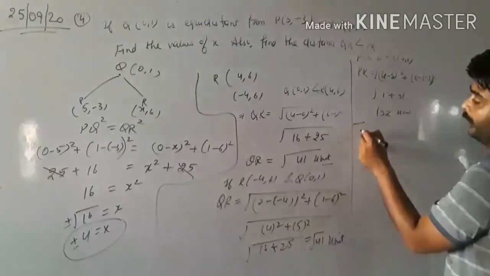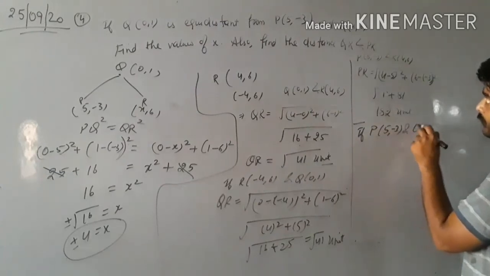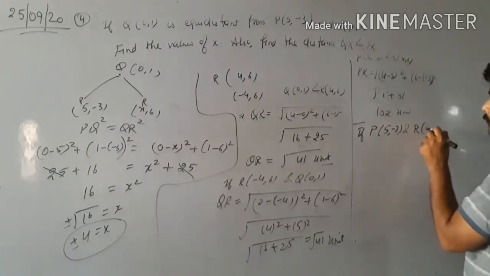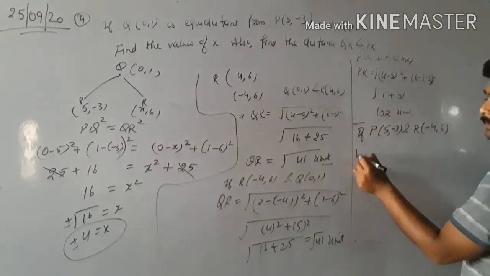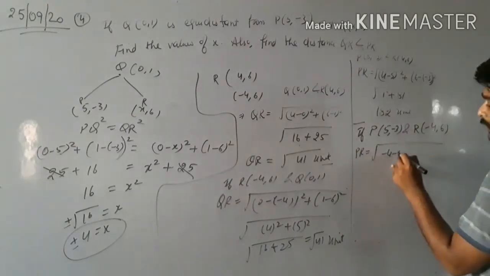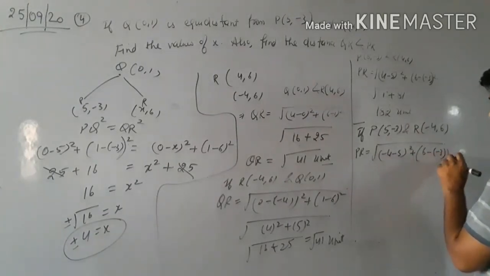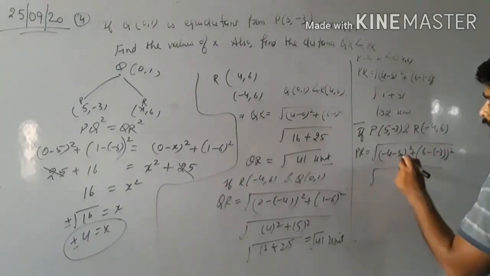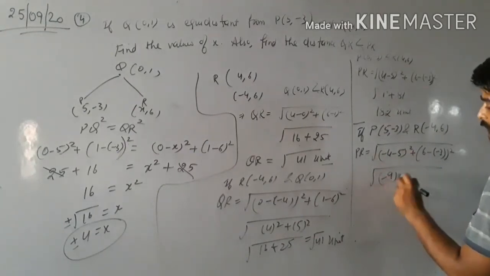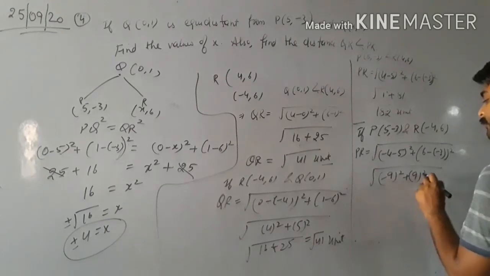And if P is (5, -3) and R is (-4, 6), then again PR equals root of (minus 4 minus 5) whole square plus (6 plus 3) whole square. So minus 4 minus 5 is minus 9, whole square. Minus 6 minus 3 is 9, whole square.